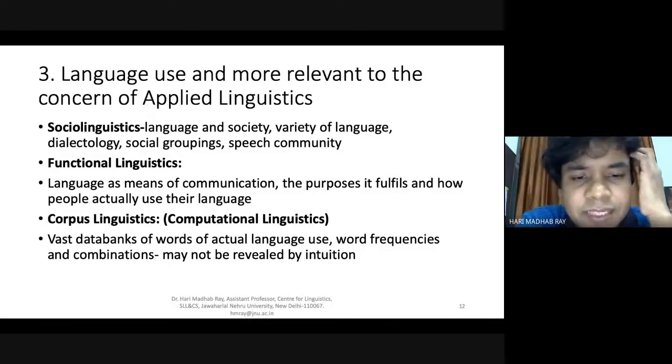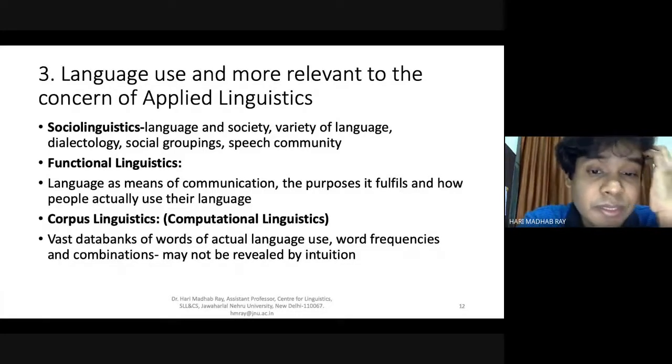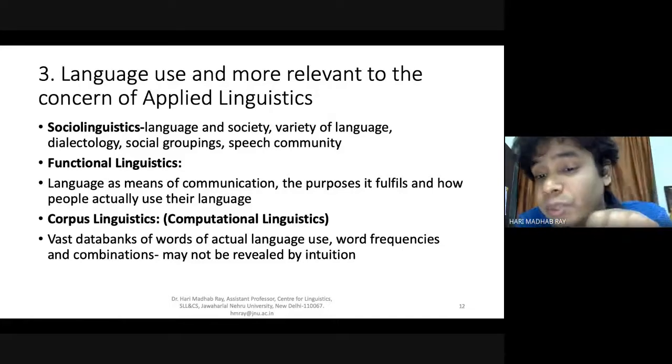The vast data banks of words and actual language use, word frequencies and combinations, may not be revealed by intuition.